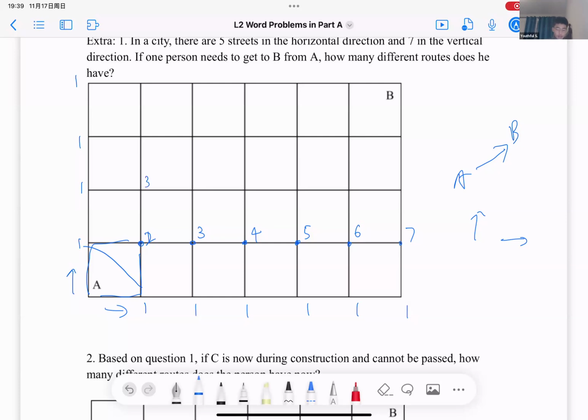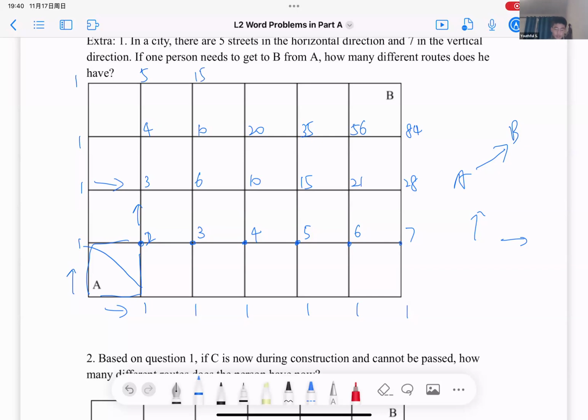Okay, now we have 3, 6, 10, 15, 21, 28. We have the number here and here. And the same thing for 10, 20, 35, 56, and 84. Sorry.